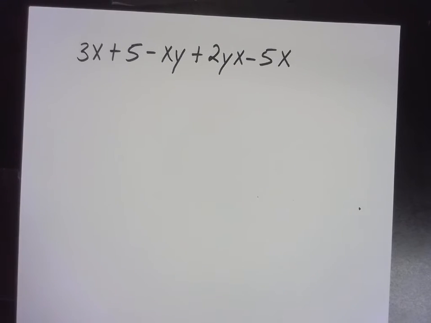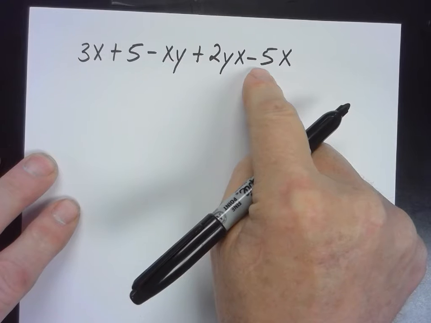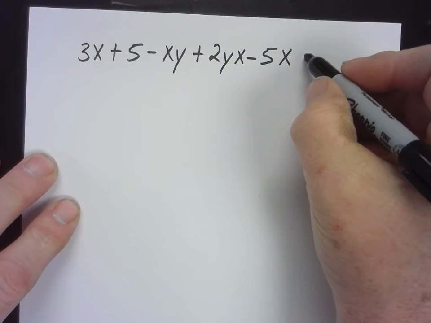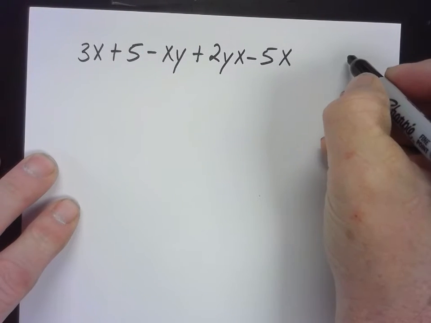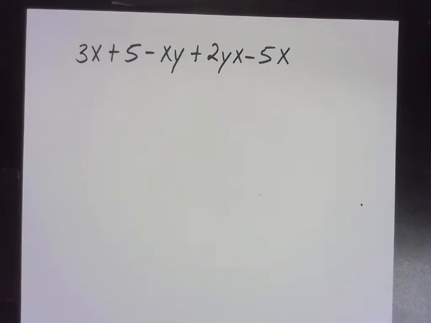Equations are the same way. They have to be a complete sentence in order to be an equation. This is not a complete sentence. Now if I got done here and I said is or equals something, then it would be an equation. So right now we're just working with one side of the equation. We're just looking at an expression. And your job is to simplify it by adding the like terms.